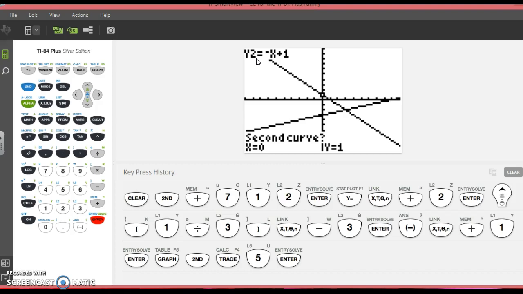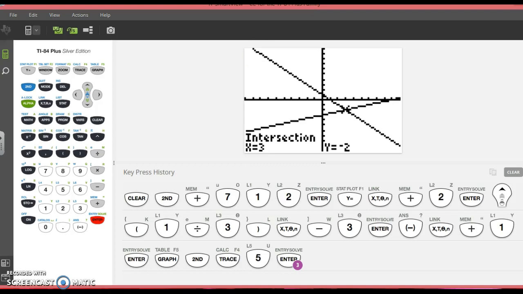That's negative x plus 1. Hit enter. Guess? No, we don't want it to guess. Hit enter. What's the point of intersection? 3, negative 2. Do you see that? So, second, calculate, 5, enter, enter, enter.